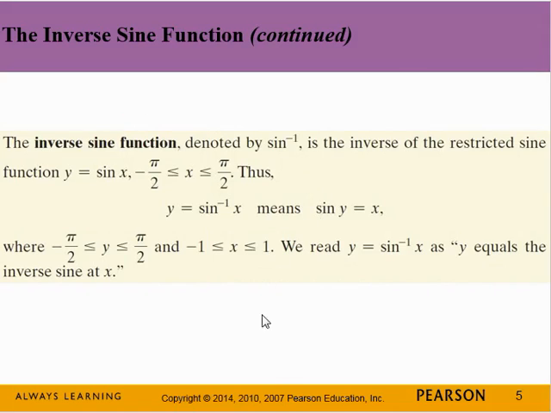Your inverse sine function is denoted by sine negative 1, or inverse sine, and you read it as y equals the inverse sine of x. Y equals inverse sine of x really means sine of y equals x. These are interchangeable, so you can change your numbers around.